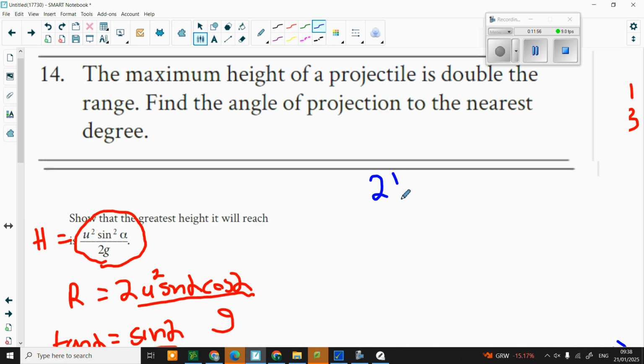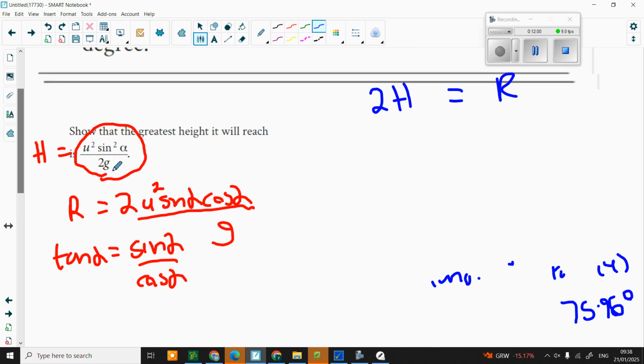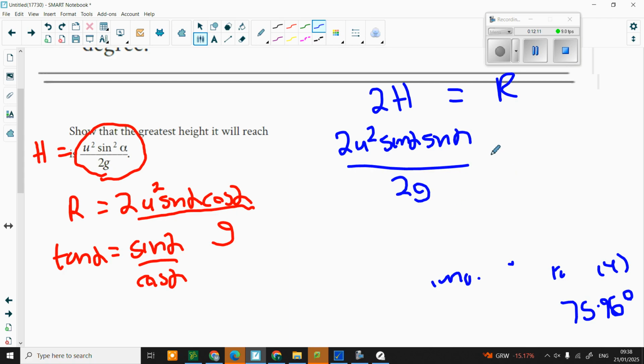So what are we going to say for this question? 2h equals, or then what we're going to say? 2 times this formula, 2u squared sine alpha times another sine alpha all over 2g equals the range formula, 2u squared sine alpha cos alpha all over g.